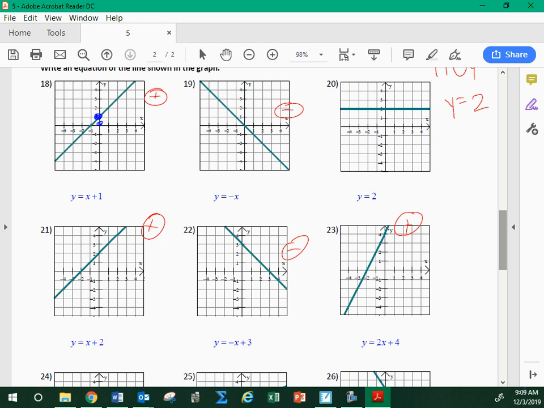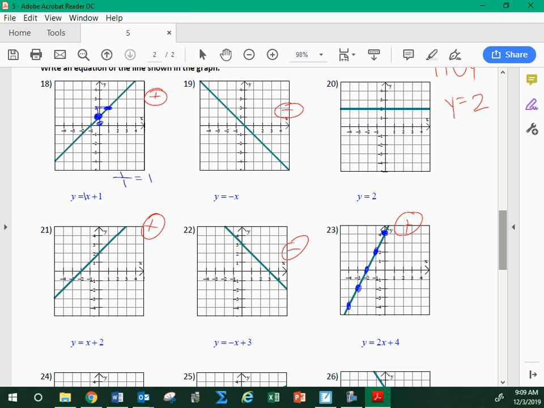Right there. Here's another one right here. Up 1, over 1, which is just 1. That's my slope there. Now for something like number 23, it's probably going to use your y-intercept points. Another perfect one will be right here, or this one, or this one, or this one. Any of those you can use.